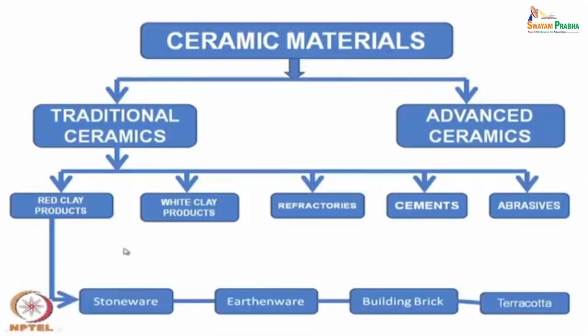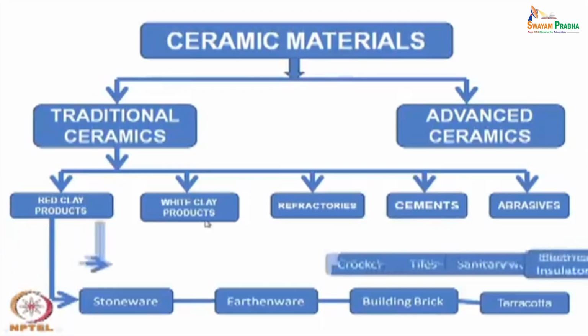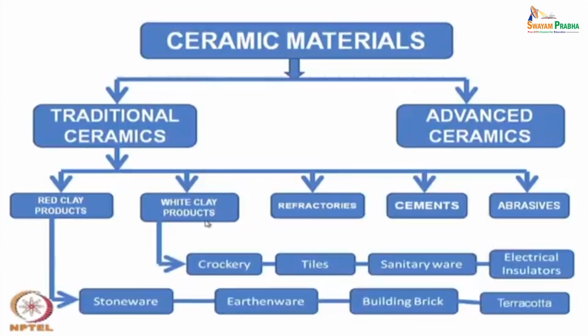However, there is another variety of clay, a relatively pure form of clay, which does not contain that much iron oxide. Its particular mineral, kaolin or kaolinite, is the major component of white clay, again available in nature as a raw material, as a mineral.